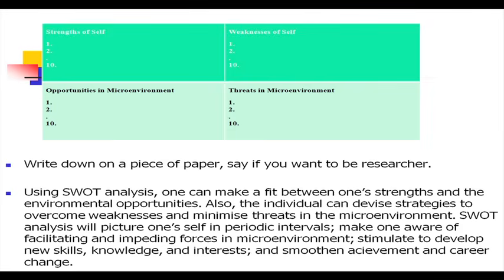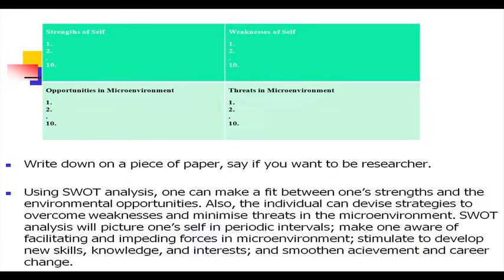Once you list these strengths and weaknesses of yourself and see the opportunities available in the micro environment and the threats that pose to you, you can make adjustments accordingly.